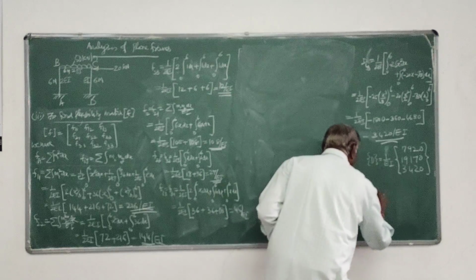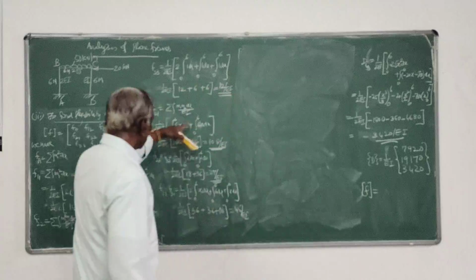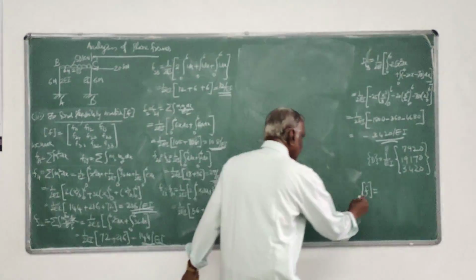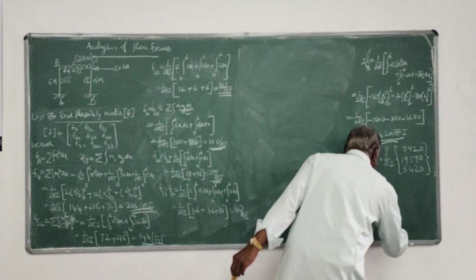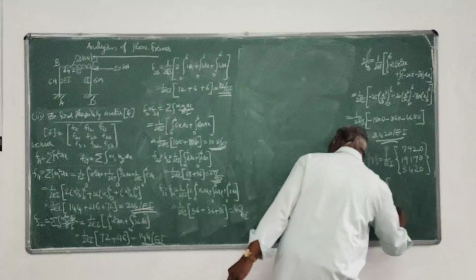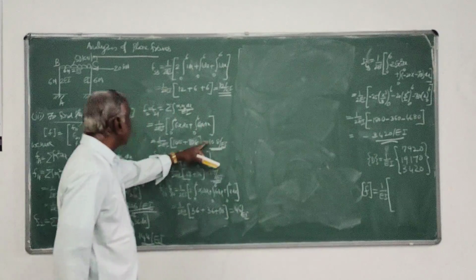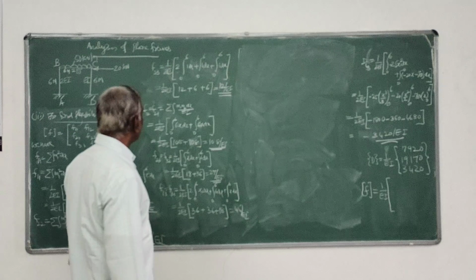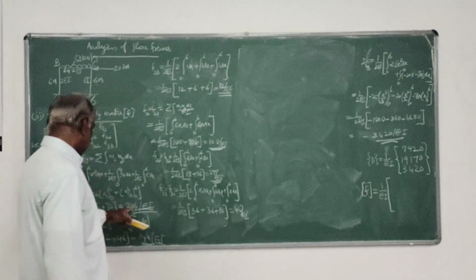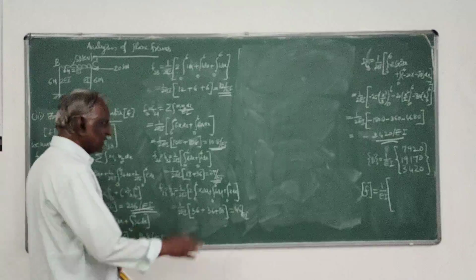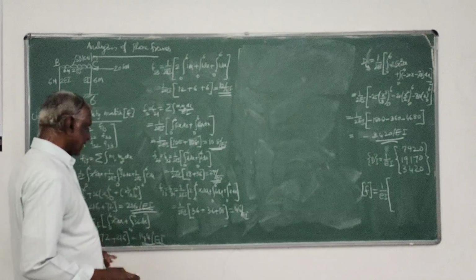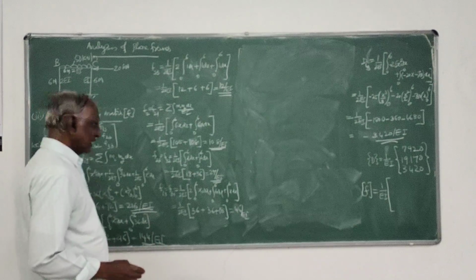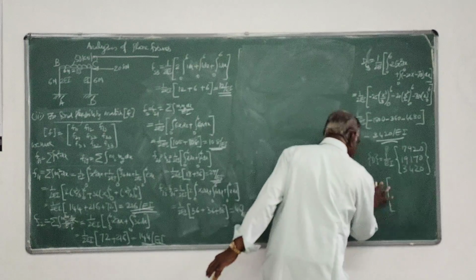I will take 1 over EI outside. Can I take any other thing common? No other thing? Okay, that means 45. I think 3 I can take it outside.